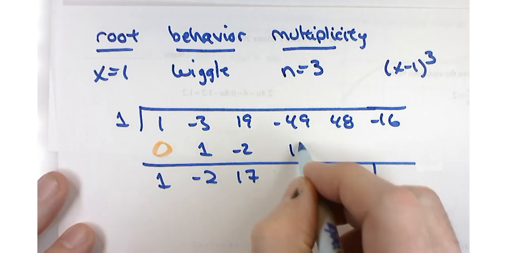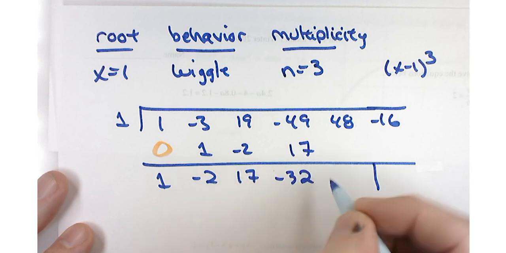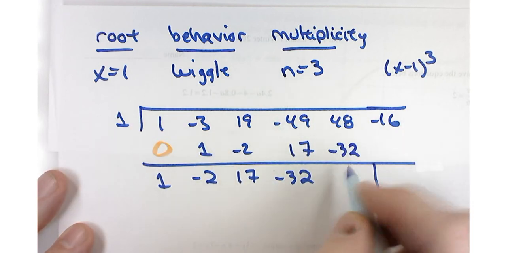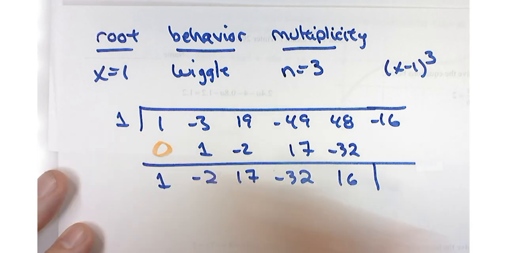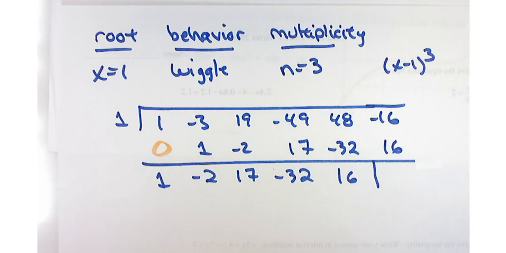Multiply to go up, add to go down, gives us negative 32, multiply to go up, still negative 32, add, and then multiply, 1 times 16 is 16, and check it out. Nice big goose egg. But we know that that is a 0 3 times in a row.